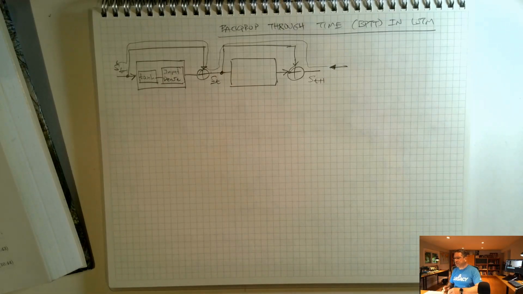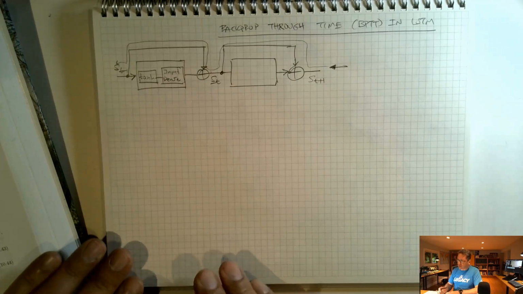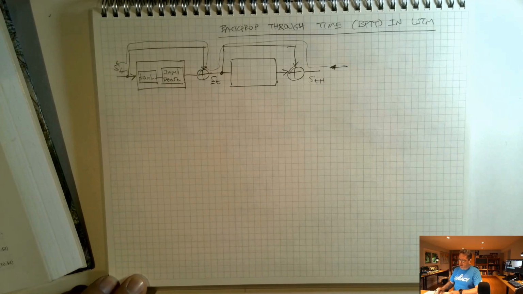Now, in practice and empirically, because we have introduced the gates, the input gates, the gates associated with the forget gates and so on, as well as other practical considerations, we are going to be unable to maintain this gradient over long periods of time.